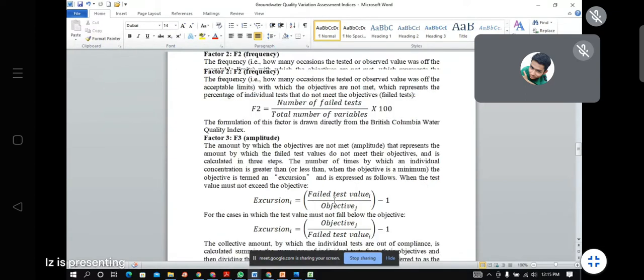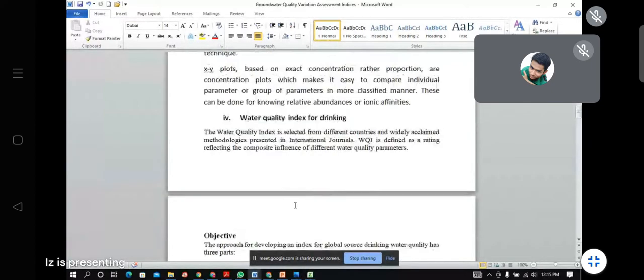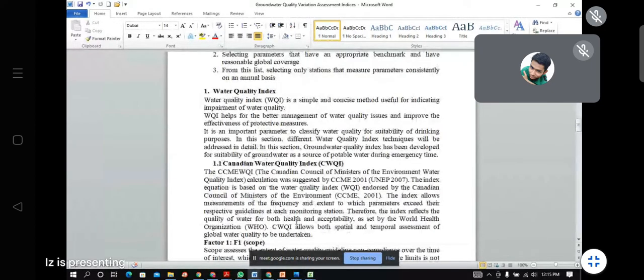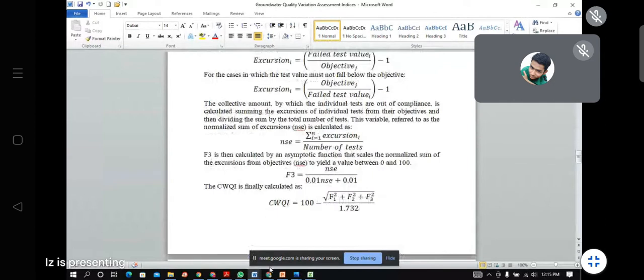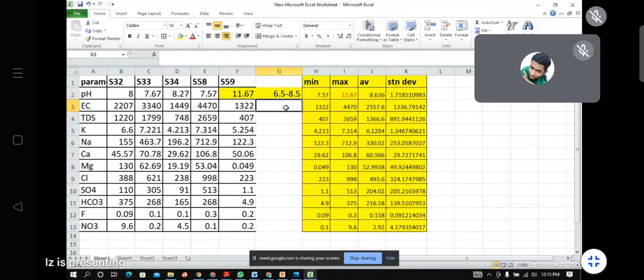I mean, for example, the limit for TDS is 500. Okay. Limit for TDS is 500.